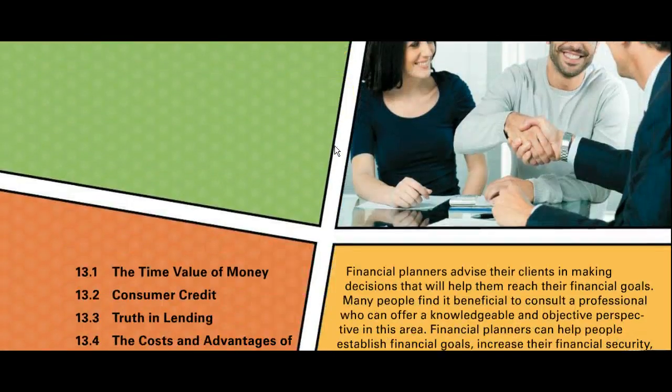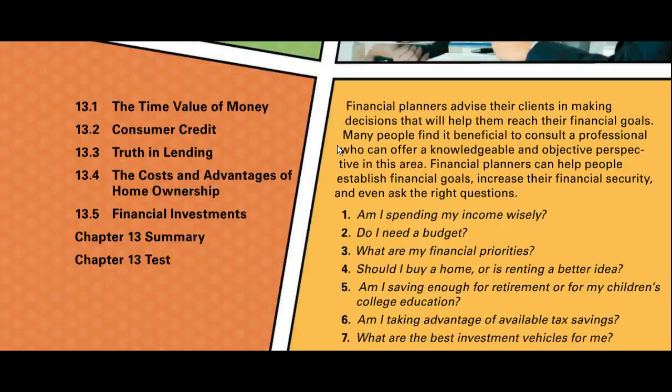Some of the topics we're going to cover: the first one, the time value of money, but others, if you had time, consumer credit, truth in lending, the cost and advantages of home ownership, and then later, when you get enough money, financial investments are some very interesting topics to think about.